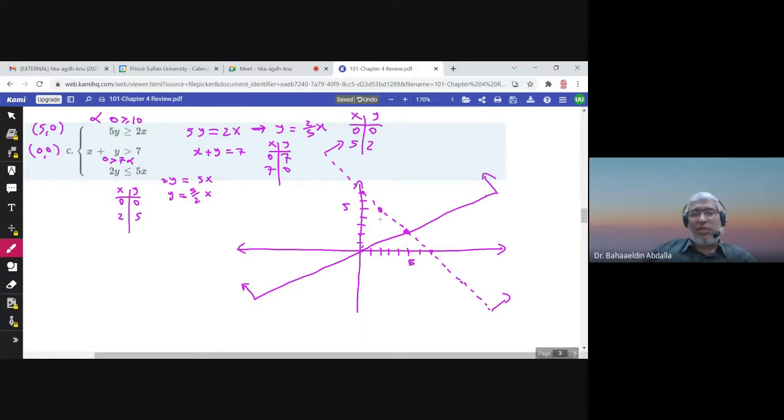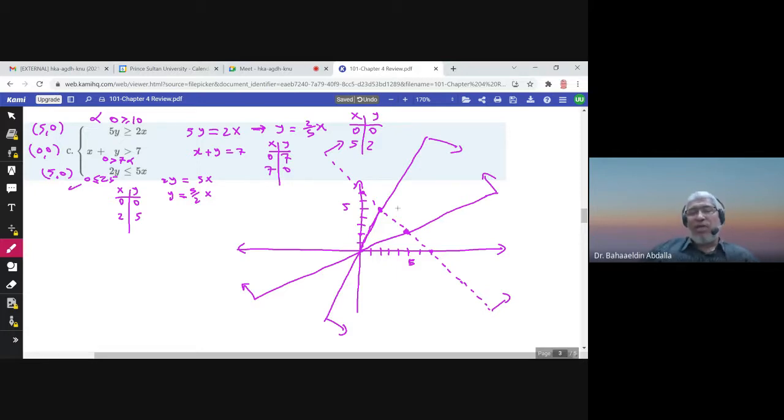It's not dashed because I have equality. So that's the third line. Let me choose 5, 0 also. So if I choose 5, 0 this time, y is 0. So 0 would be less than or equal to 5 times 5, which is 25. Well, that's correct. So 5, 0 is there. So this is the graph.